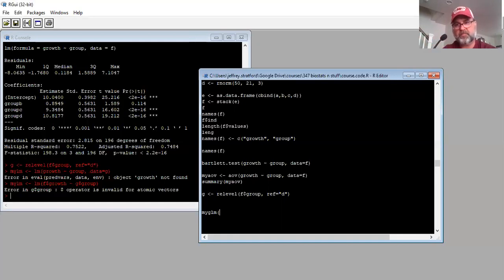Your response by your grouping factor. So we're going to have growth, tilde, and then it's group, data equal F. And then we need to add in family equals. And what family is indicating is the family of errors, the distribution.